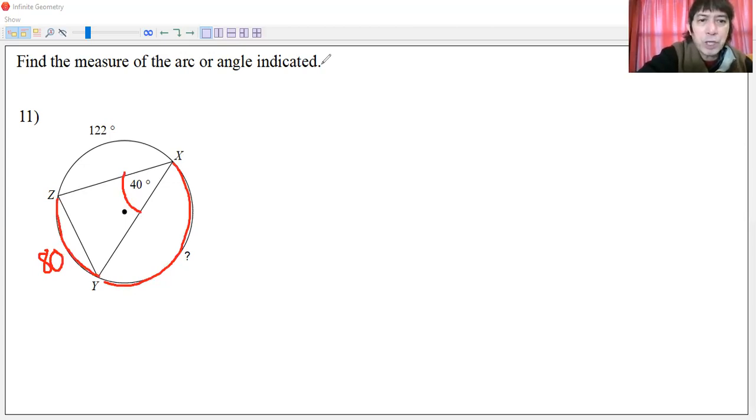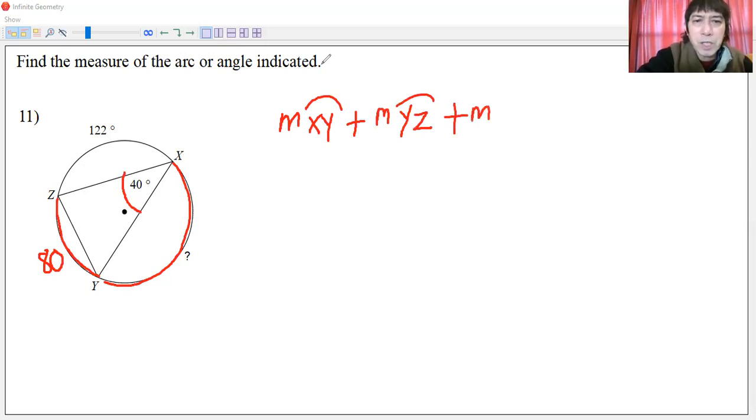So our working equation: let's start with the unknown. Arc XY plus arc YZ plus arc ZX must be 360.